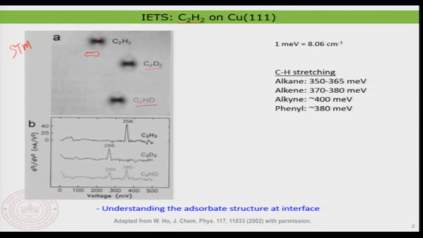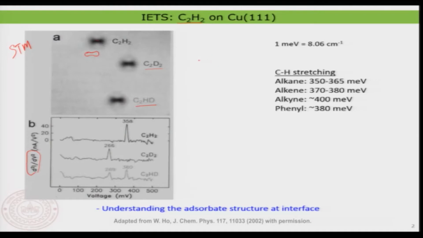Now what does the tunneling spectrum look like? Just notice that here on the y axis I have the second derivative of current with respect to voltage. You remember in the previous class I told you that if an inelastic process is happening, if energy is given for some kind of inelastic process at the interface, then in the tunneling current you should be seeing some kind of step-like function.